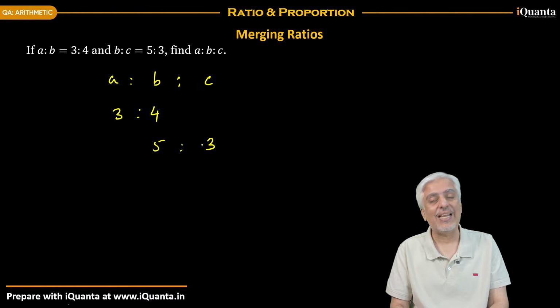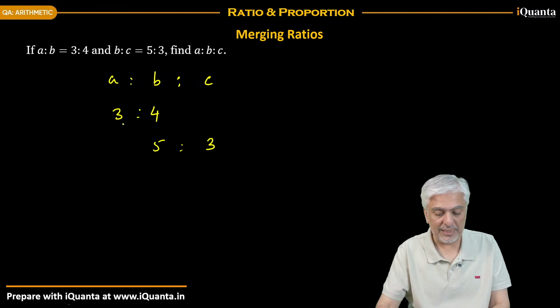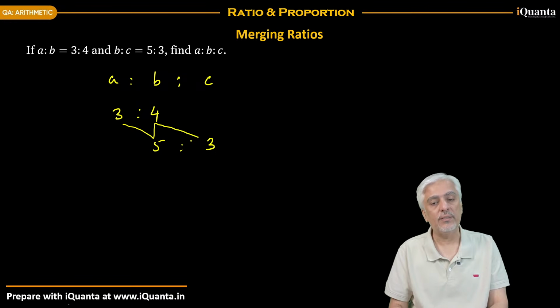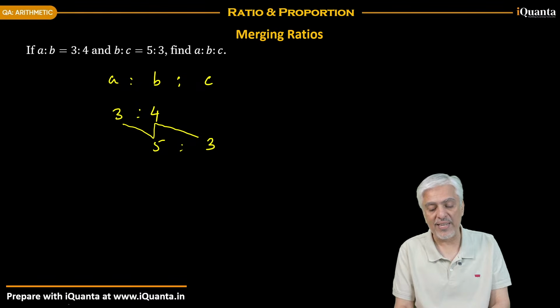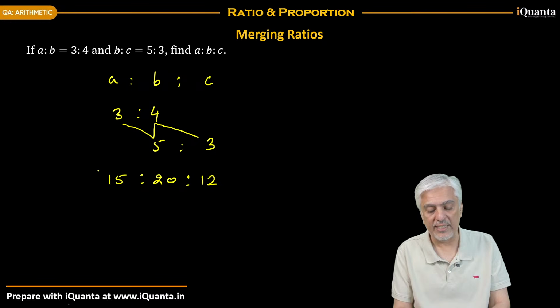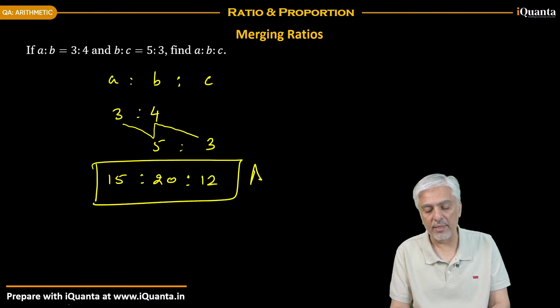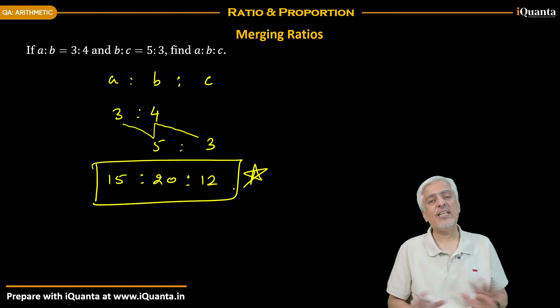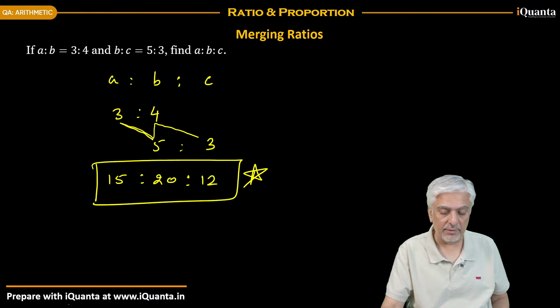So write it on the next line. And this is the way my school teacher had explained to me. Multiply this with this, this with this, and this with this. That's it. Over. Multiply 3 5s are 15, 4 5s are 20, 4 3s are 12. बस हो गया. कुछ सोचना नहीं, कुछ नहीं. You can always learn this method. This into this, this into this.